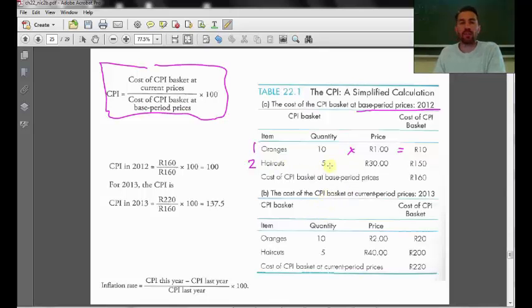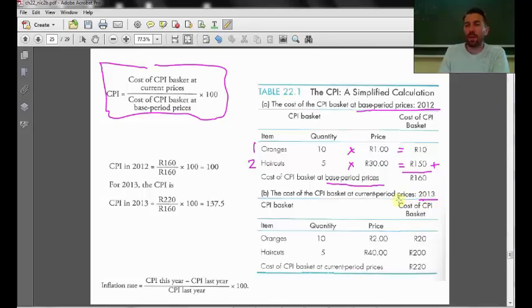And haircuts, 5 times 30 equals 150. Therefore, the cost of the CPI basket in the base period is 160. Okay. Now we do the same calculation to work out the cost of the CPI basket in 2013.